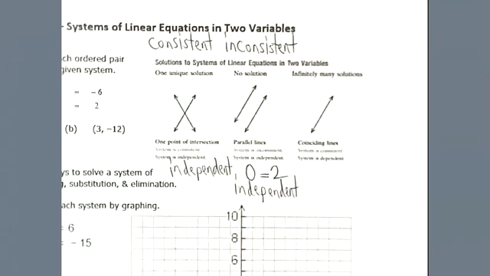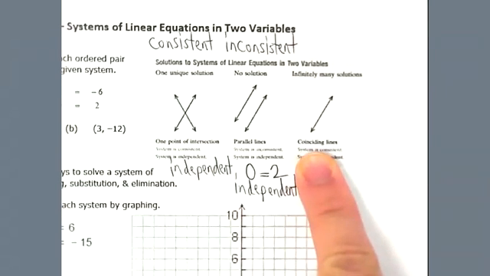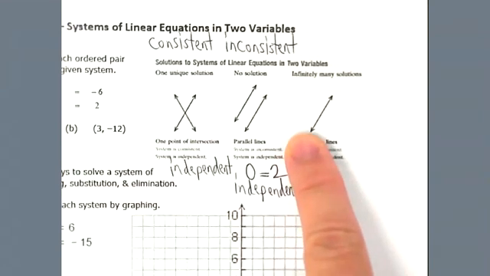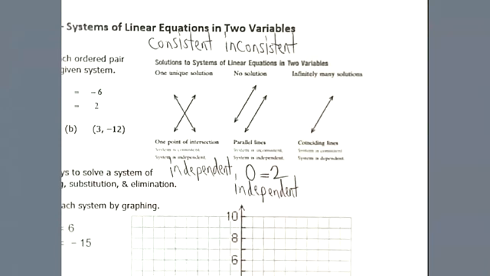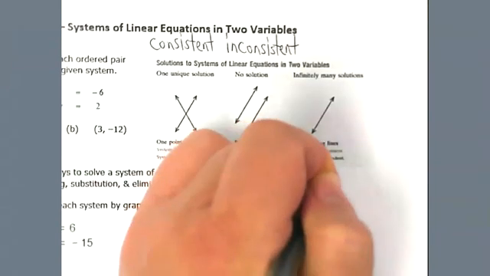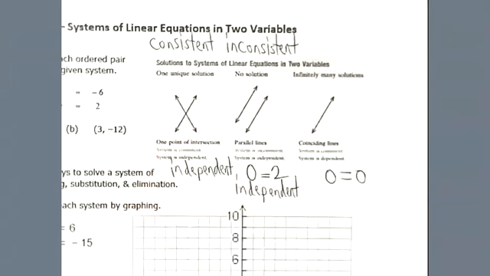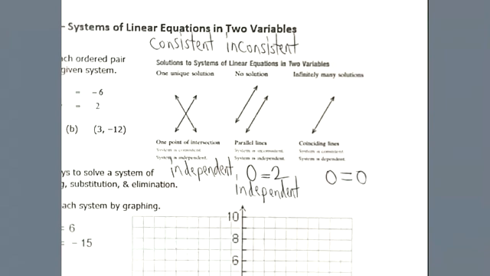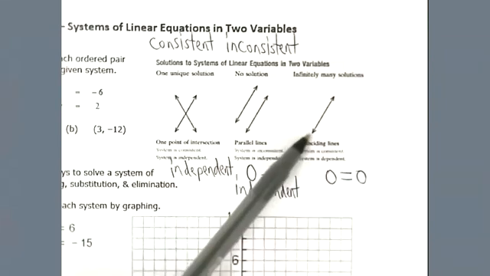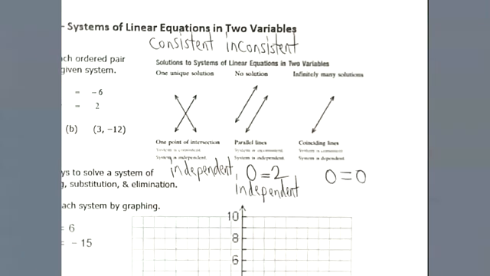Now, the third possible solution is if you graph two lines and they end up overlapping each other and they're actually the same line, or if you solve a system algebraically and you get a true statement at the end like 0 equal to 0, then there are infinitely many solutions. Because it's just one line, all real numbers will work.